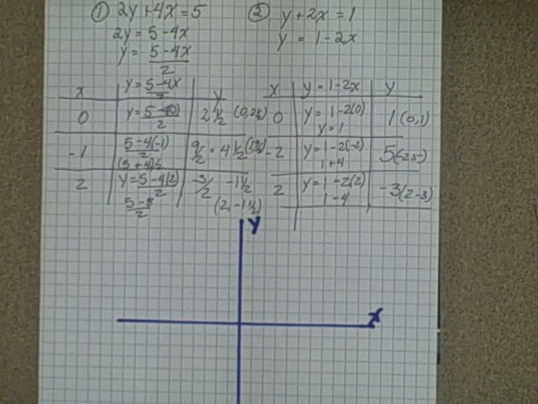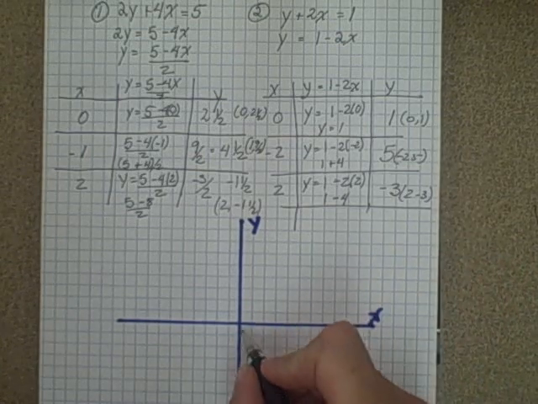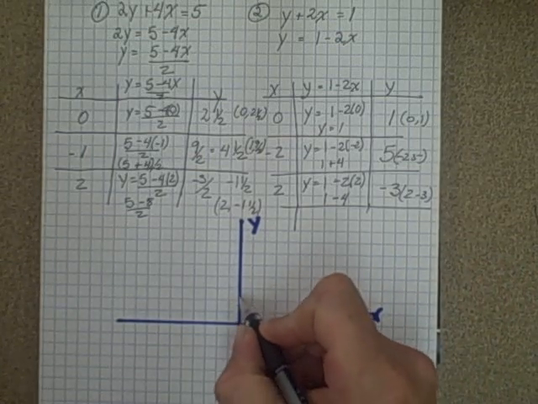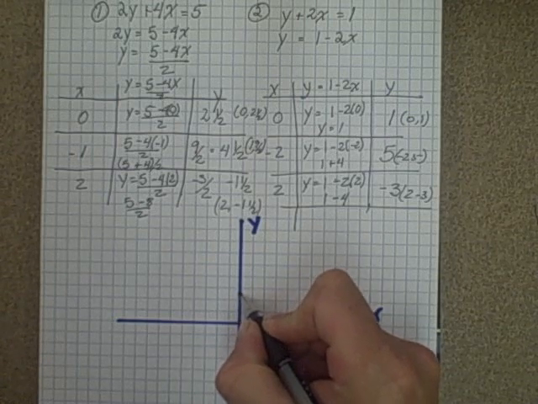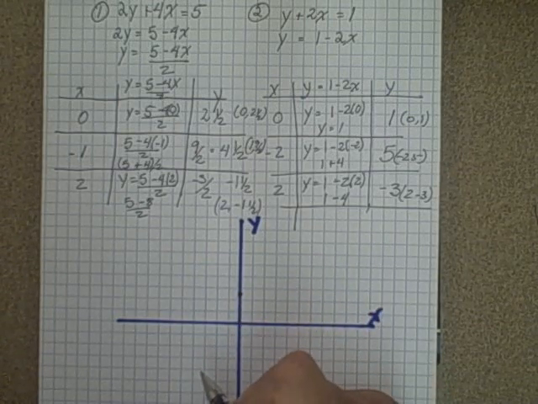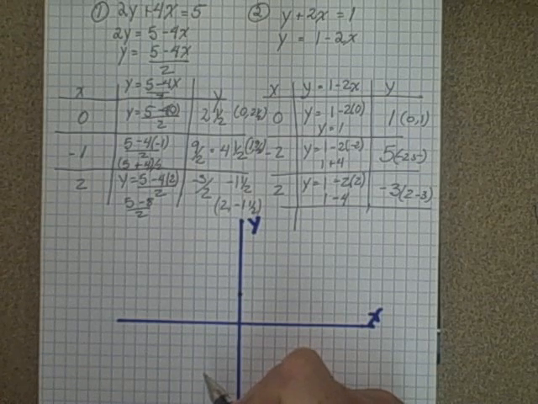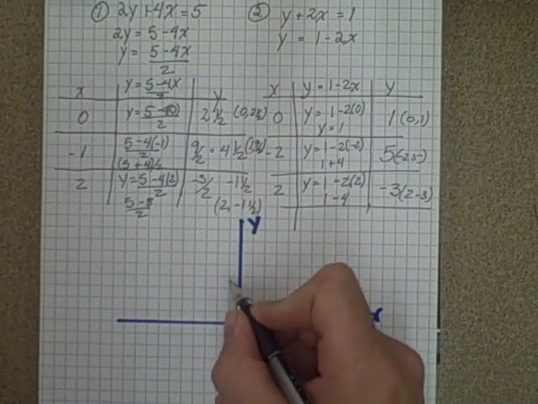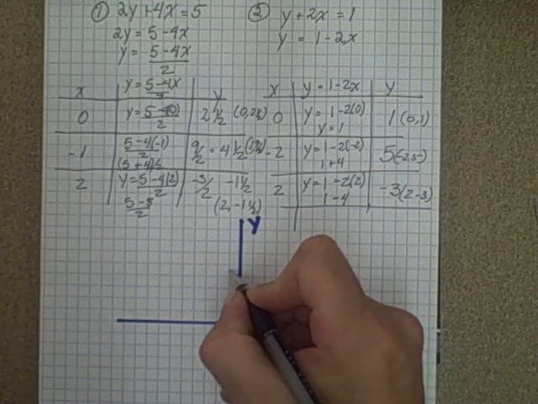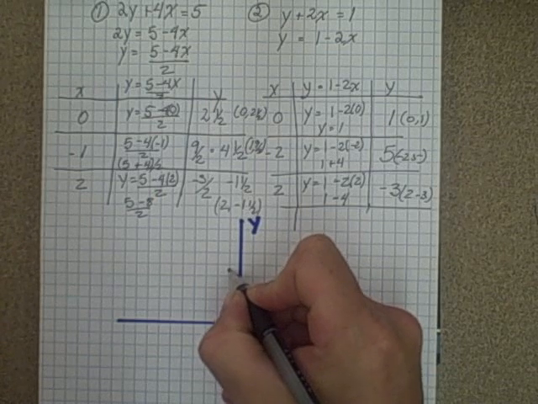Okay, so we're looking at graphing the first line. I'm going to take my pen here and go 0 and 2.5. It'll be there. Negative 1 and 4.5, which would be about there.